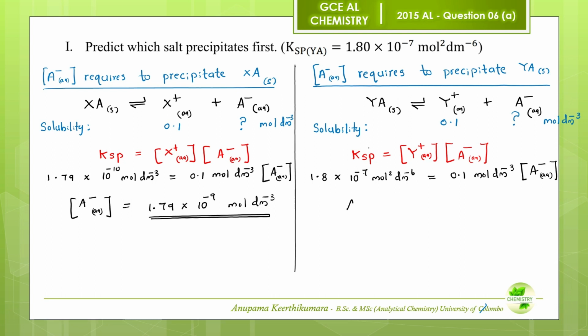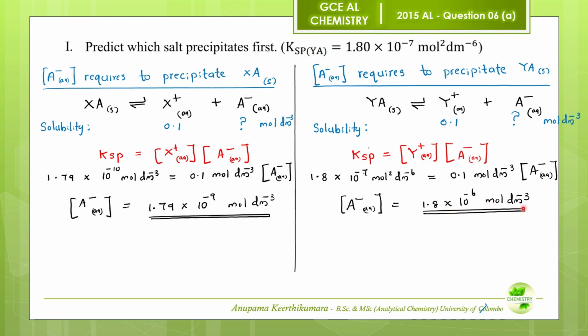A minus ion concentration equals 1.8 times 10 to the negative 6th moles per cubic decimeter. Therefore, concentration of A minus ions required to precipitate YA is 1.8 times 10 to the negative 6th moles per cubic decimeter.